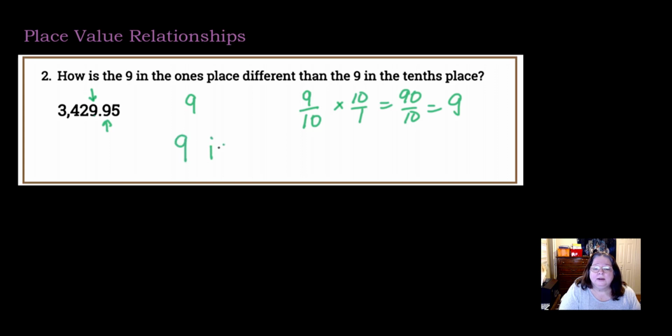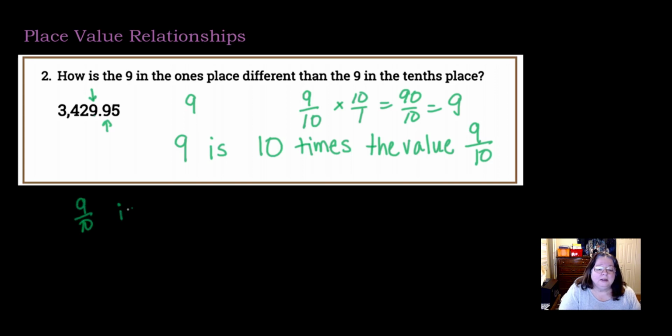So now we have a relationship. 9 is 10 times the value of 9 tenths. We could also say 9 tenths is a tenth the value of 9. Both ways make sense.